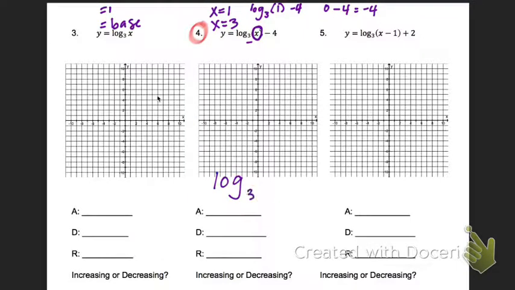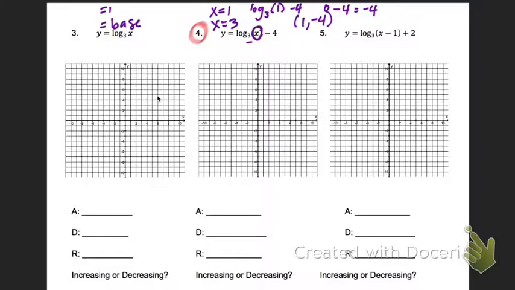If I have log base 3 of 1 equals 0, that's like saying to get from 3 to 1, I have to raise it to the 0 power. These two mean the same thing. So anytime you have a log of 1, it's always 0. So I have an ordered pair at (1, negative 4).